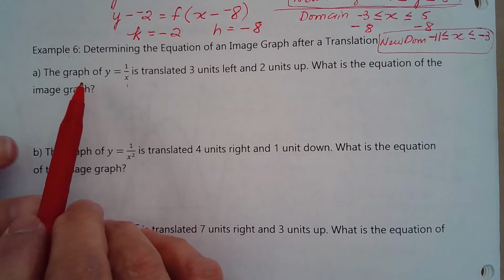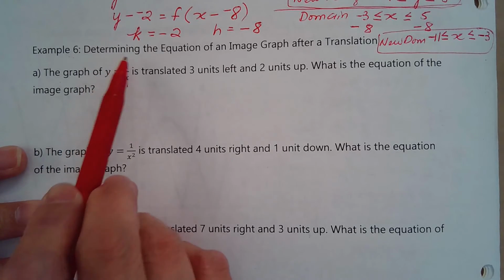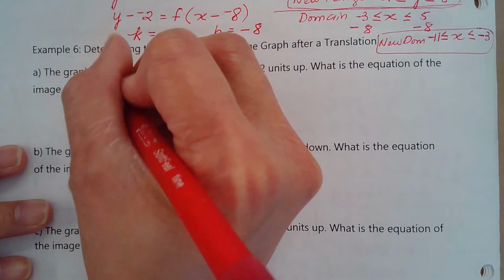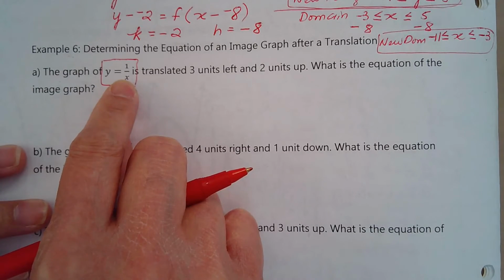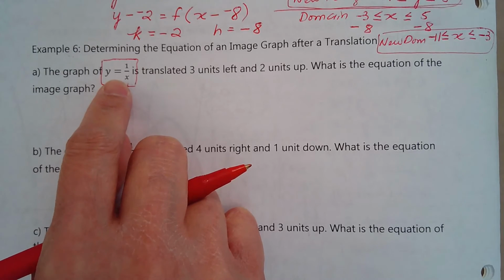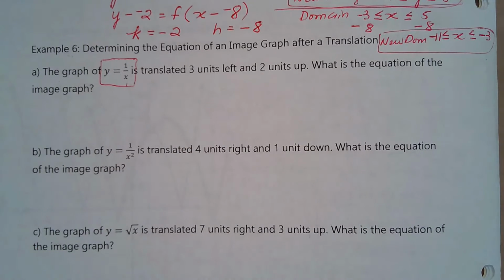It says here, the graph of y equals 1 over x. Okay, stop right there. Now, we talked about this at the beginning. We looked at the basic graph. So you guys remember that? We graphed everything. If you were here, we did that one.